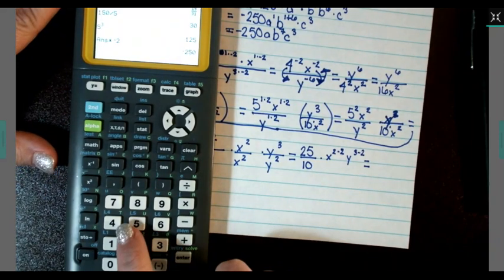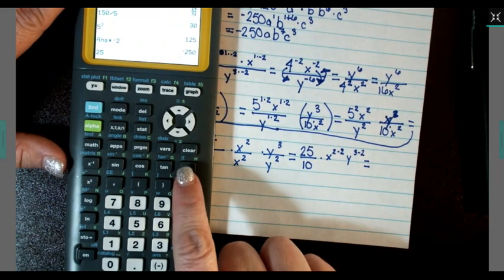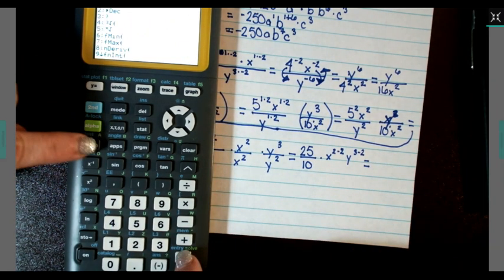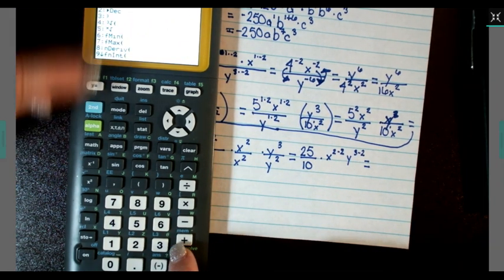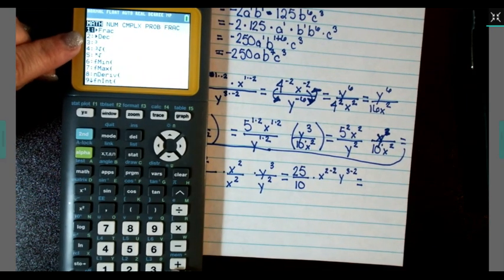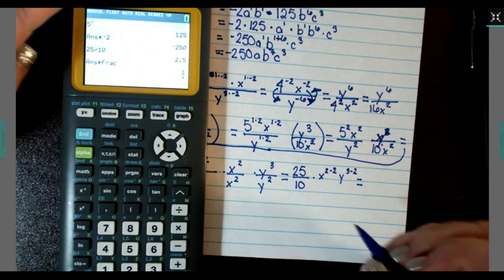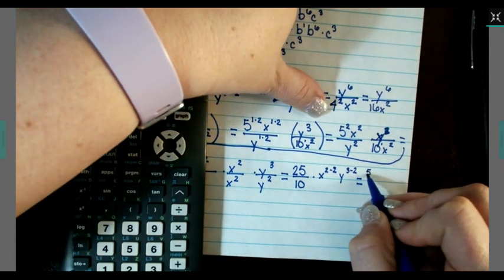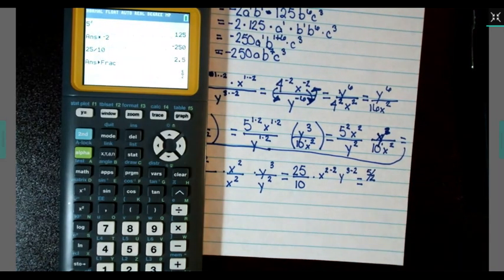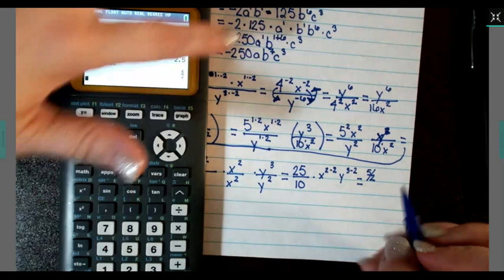I'm going to type this in the calculator and show you how to do it. We would do 25 divided by 10. It's going to give us a decimal. If we wanted to make this a fraction, all we would have to do is press this key math. And the first option that comes up is frac, changing your decimal to a fraction. That is 5 halves. Okay, so we got 5 halves. What's 2 minus 2? 0. What is anything raised to the 0 power? 1. Very good.